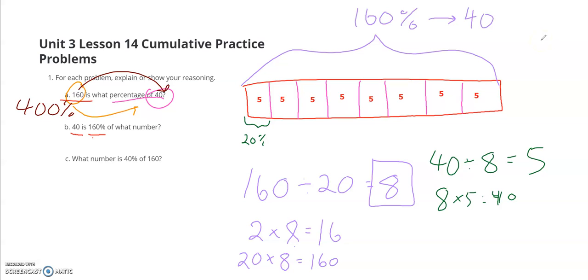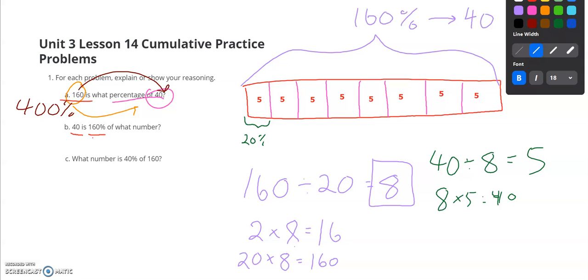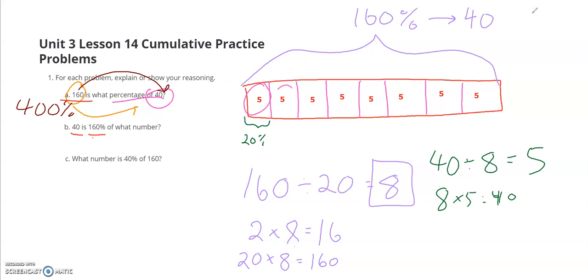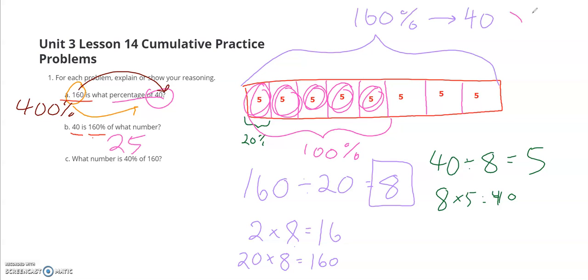Each one is 20%. We have 20%, 40%, 60%, 80%, 100%. This is 100%. And we have 5, 10, 15, 20, 25. So 100% is 25, which means 40 is 160% of 25.